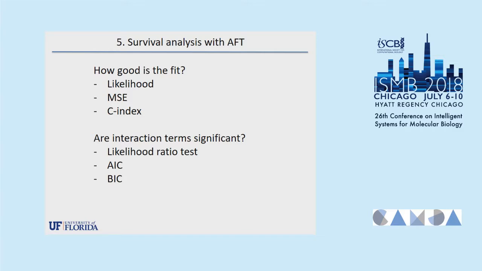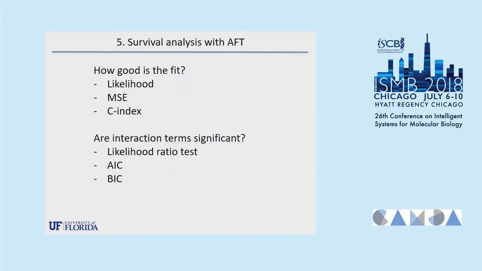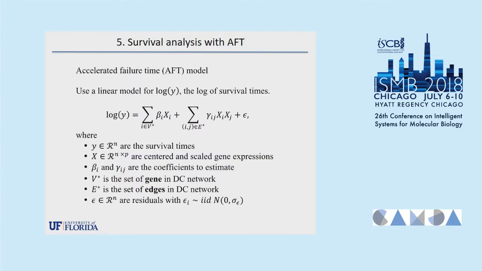This is a concordance index. And the other question is, are these interaction terms significant? If they're not, then we didn't really learn anything by including those. And we use a likelihood ratio test right now, but you can also look at AIC or BIC and compare two models, one with and without the interaction terms, and see if it improves the model or not.